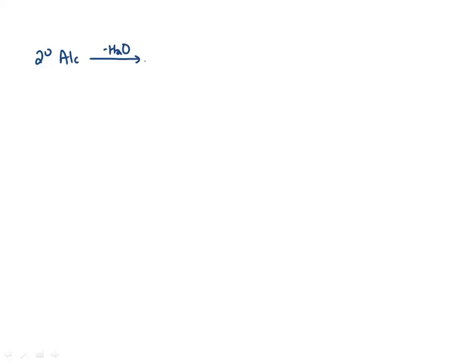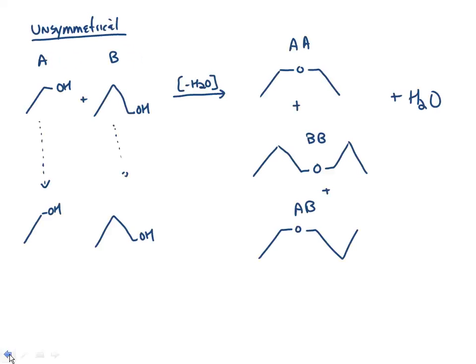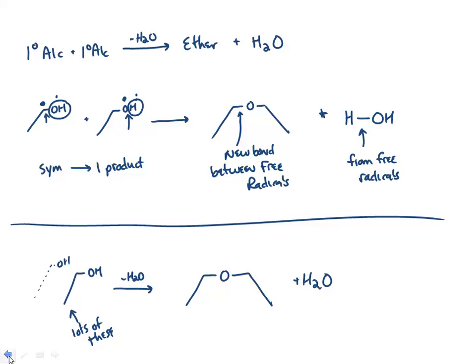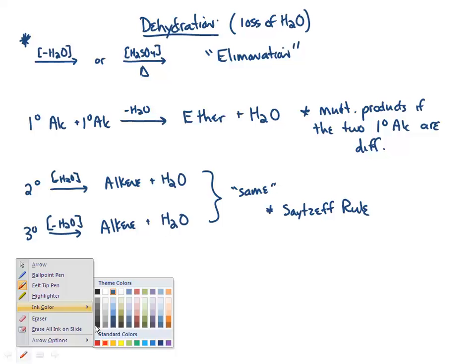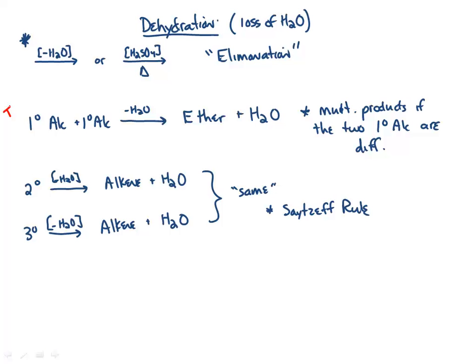And maybe I should add one more word. We're going to go back 3 slides and add the words. If it's a primary alcohol, and this sort of elimination, we consider this intermolecular, right? Because it's between 2 molecules.